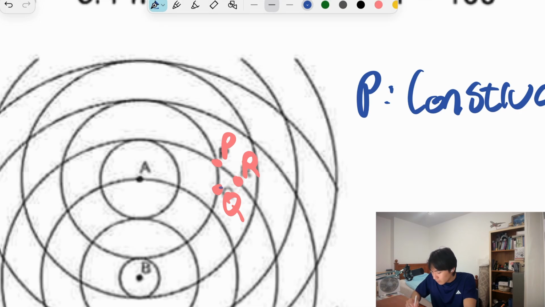Q, as you can see, is right in between the two wavelets, two waves of point source B, and then it is on the crest of A. How do we know that for B it is a wave trough, not a crest?